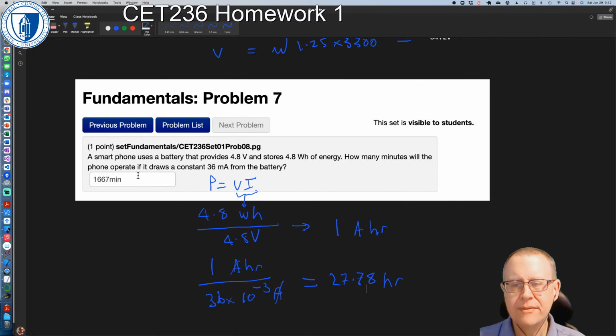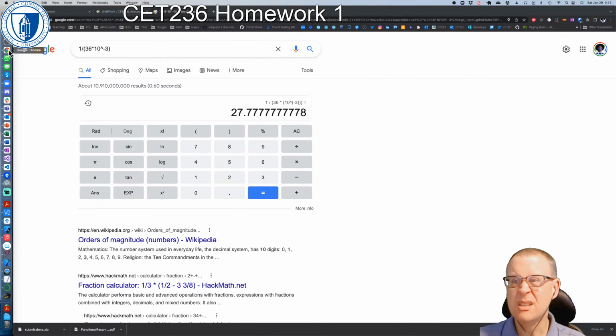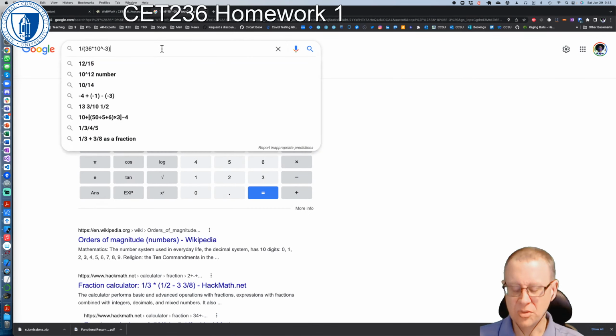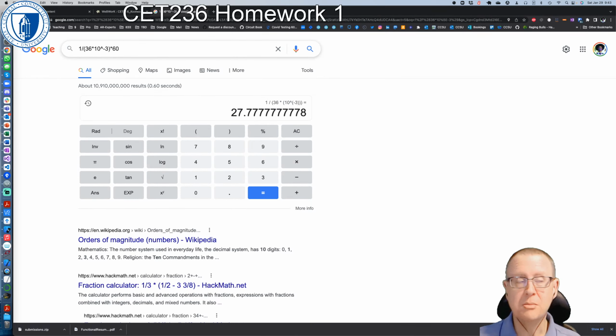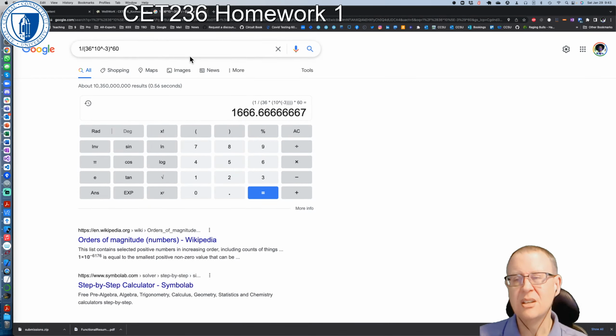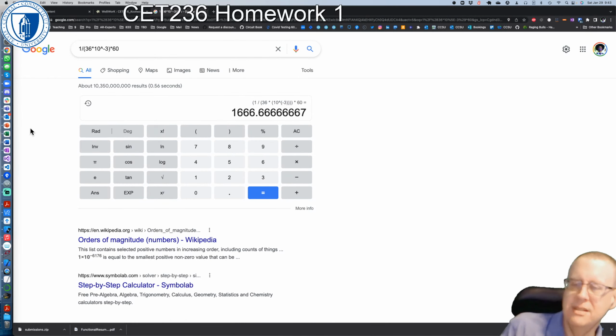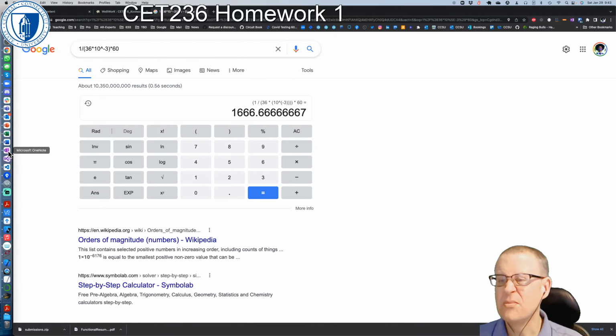But what we're after is the number of minutes. So we have the number of hours. To get the number of minutes, we've got to multiply hours by minutes per hour, which is 60, which gives us 1,666.